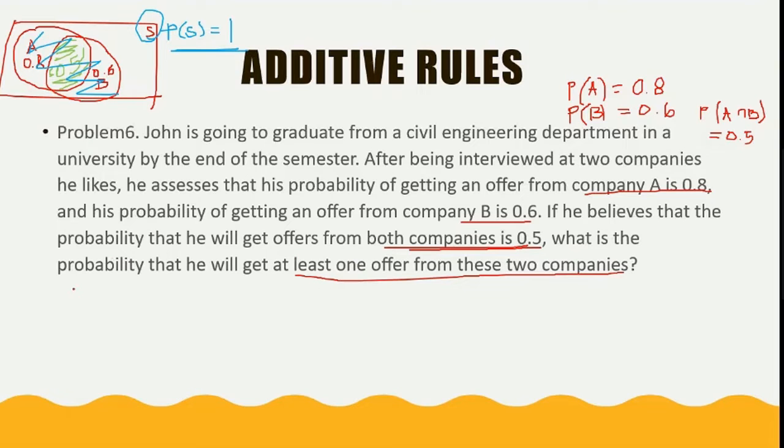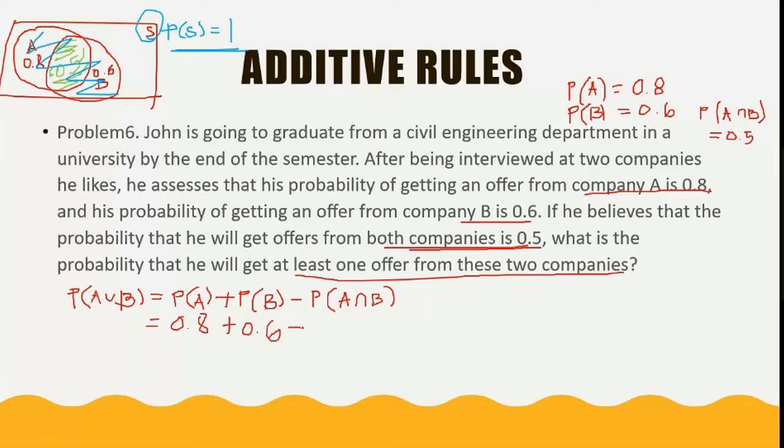So the probability of the union of A and B, based on the given theorem, is the probability of A plus the probability of B minus the probability of the intersection of A and B. That's 0.8 plus 0.6 minus 0.5. 0.8 plus 0.6 is 1.4, minus 0.5, that's 0.9.